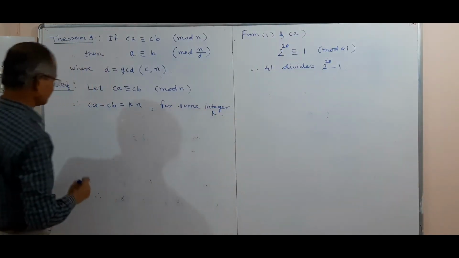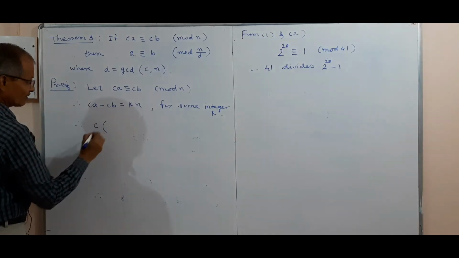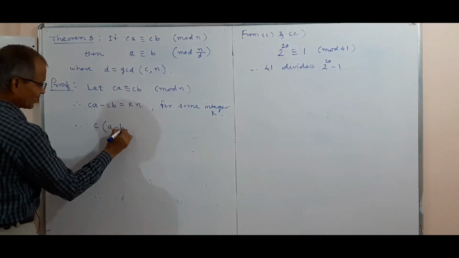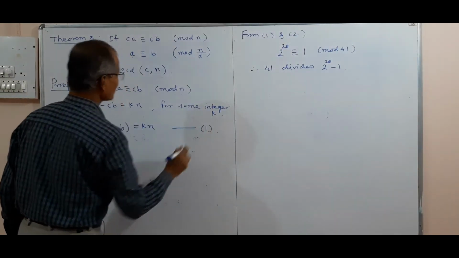Thus we can take C common and write C into bracket A minus B is equal to k into n, and now we suppose this as 1.